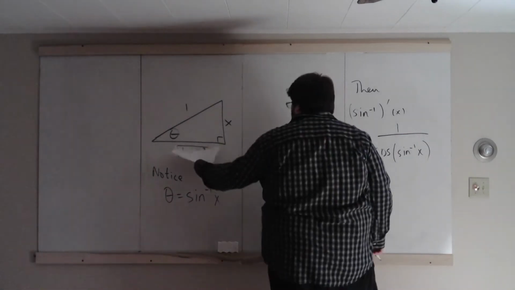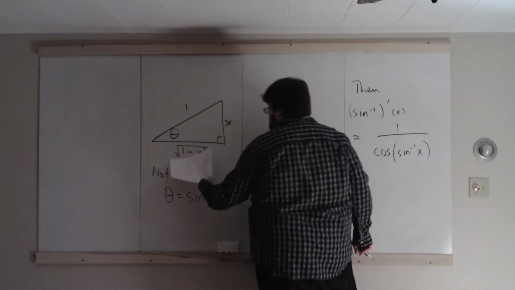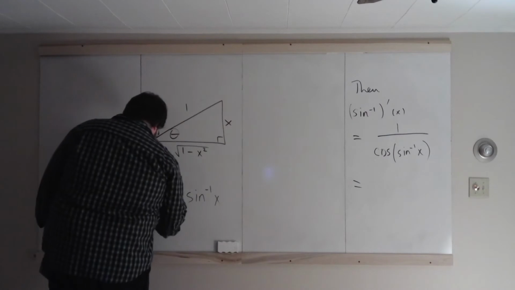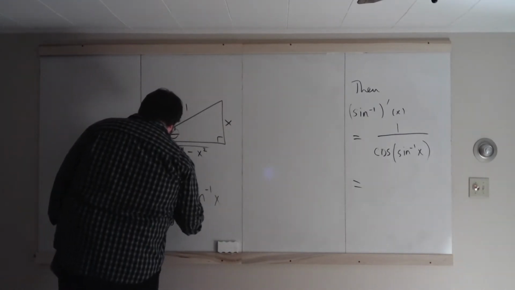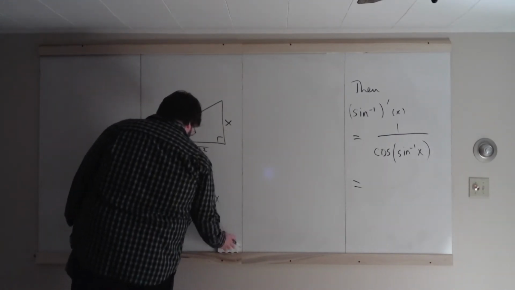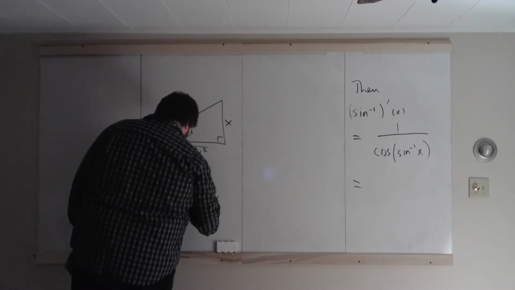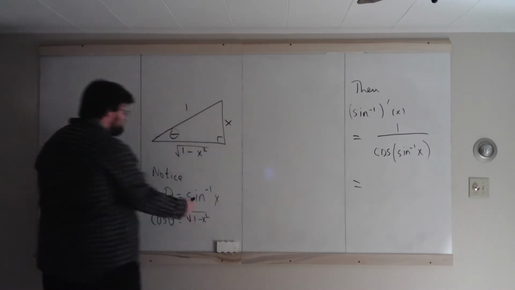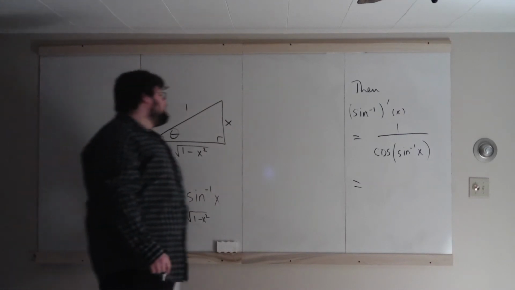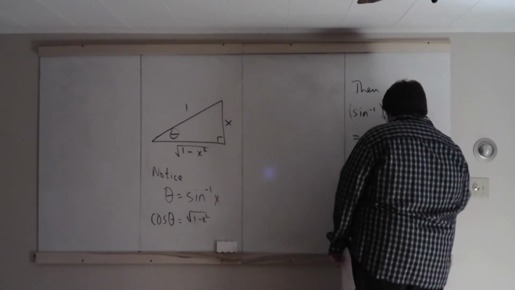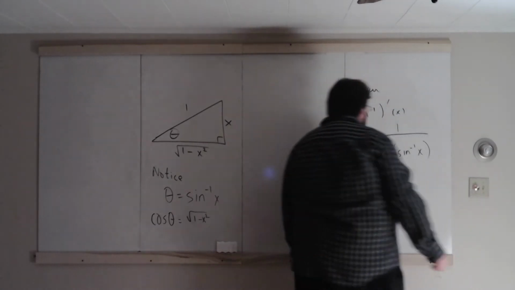Now cosine of theta is root 1 minus x squared over 1, so this simplifies to 1 over root 1 minus x squared.